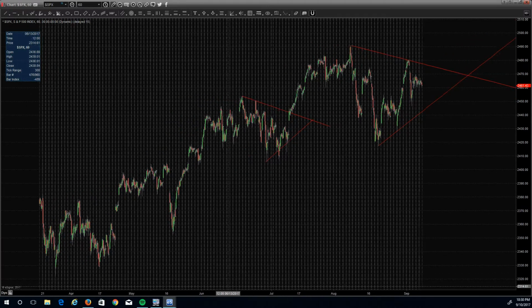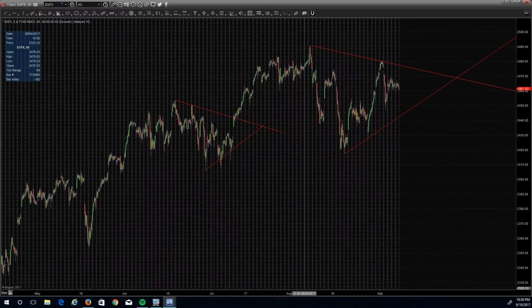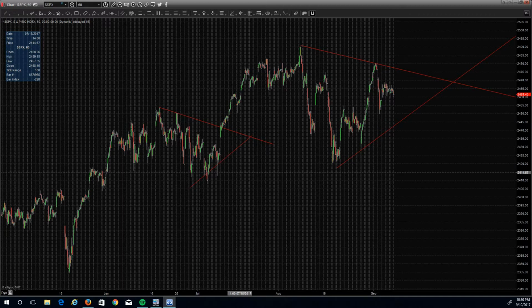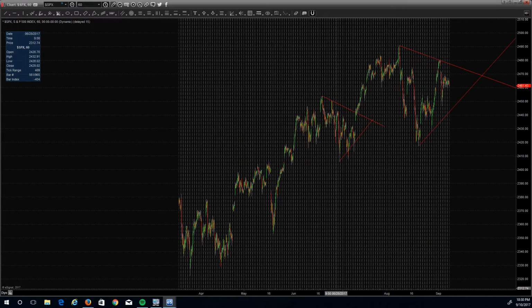So it's hard to tell what direction symmetrical triangles will go, but most likely will follow the original trend. So as you see here, the market is clearly moving up, right?